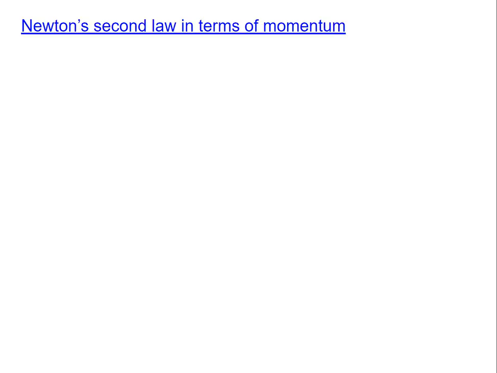Okay, let's start with a new concept for today. You must write Newton's second law in terms of momentum. Now let me show you this step by step. Last year, when you did Newton's second law, you formulated this equation: F net is equal to the mass times the acceleration.